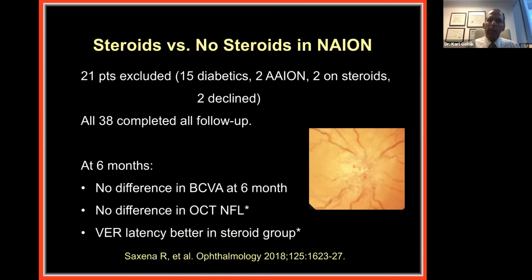I'm just going back to that slide. The limitation, of course, of this study was that although it was very well designed, 38 patients is not a lot of patients. And that's the main issue here. The numbers were pretty small.